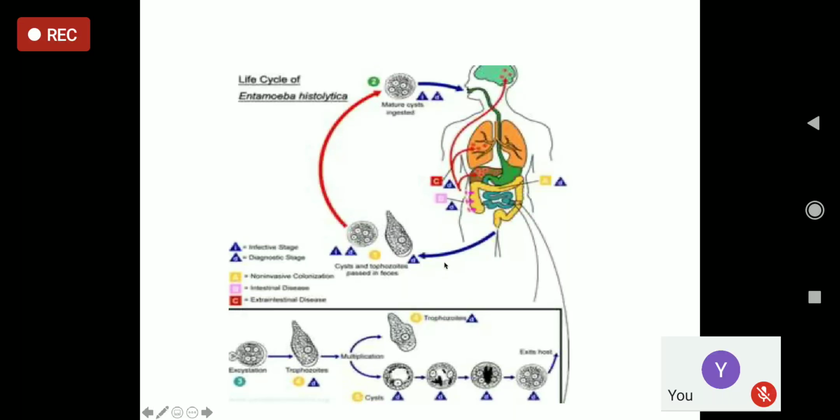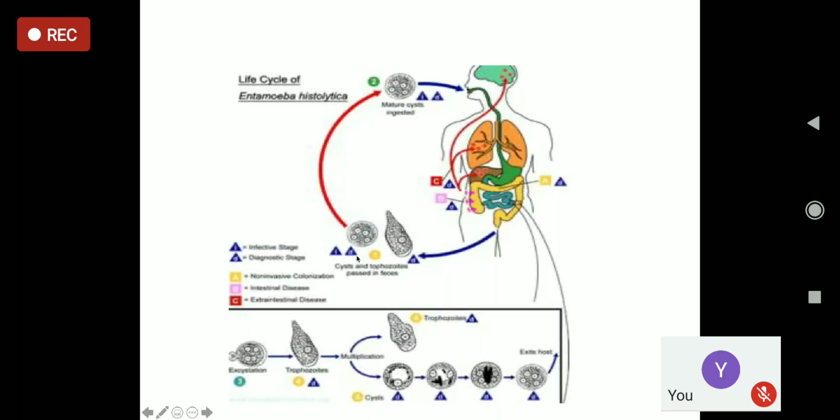Let's say from this stage, the infected person passes more commonly the cyst and less commonly, in acute diarrheic stool, also the trophozoite in their stool into the soil. Okay, these trophozoites cannot develop further in the soil and undergo degradation.